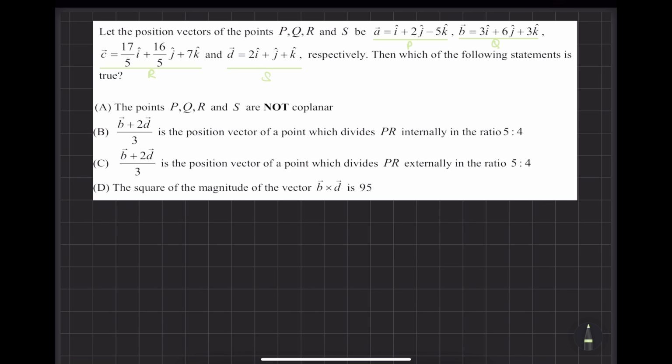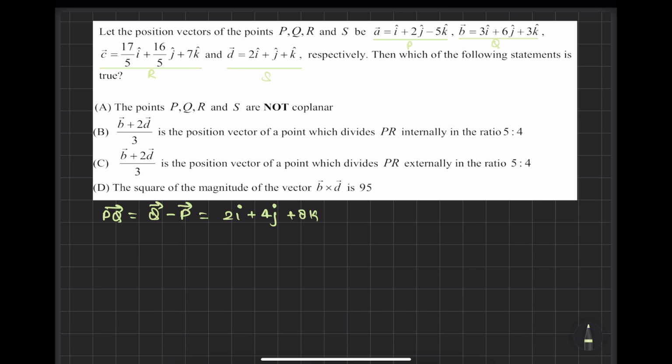Like, can you find out the PQ vector? PQ is what? Q minus P. Okay, Q minus P, 3 minus 1 is 2i plus 4j plus 8k. Okay, so we got the PQ vector.